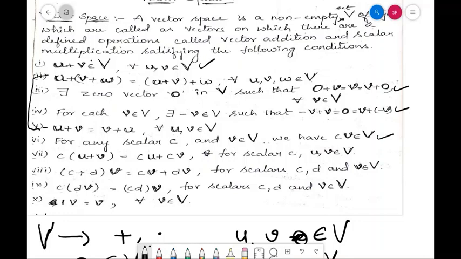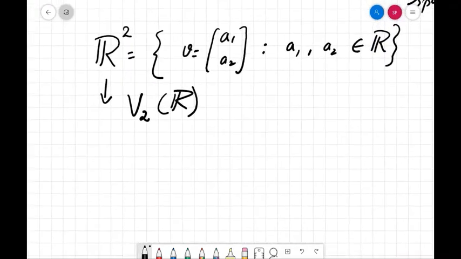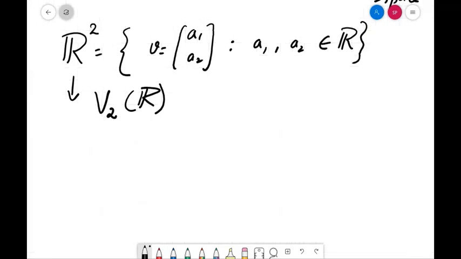All the remaining, these last four also, will most of the times be automatically satisfied. So here in this R2, I explained how v1 plus v2 will be again in R2, and vector addition first condition is done.